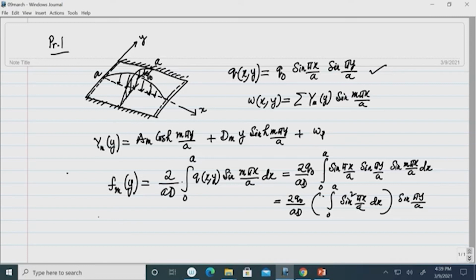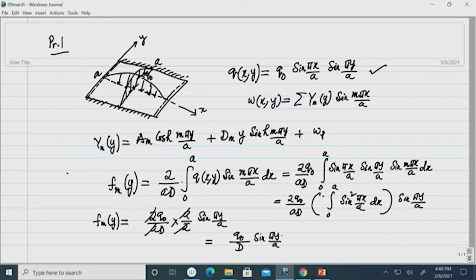So, ultimately you are getting f_m(y) equal to twice q naught by a D into a by 2 and sin(pi y by a). The a will get cancelled, giving q naught by D sin(pi y by a). So, this is our function f_m(y).